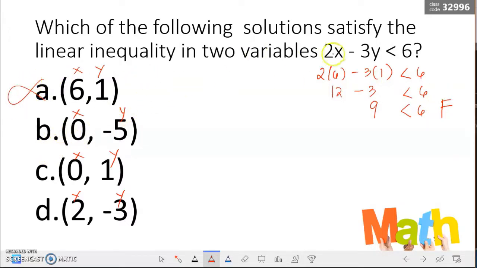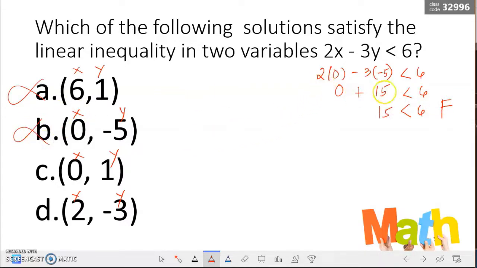Okay, letter B. x is 0, and y is negative 5. So 0, the first term will vanish. 0 minus, negative times negative becomes positive, so positive 15. 0 plus 15 is 15. False again, so it's not possible.